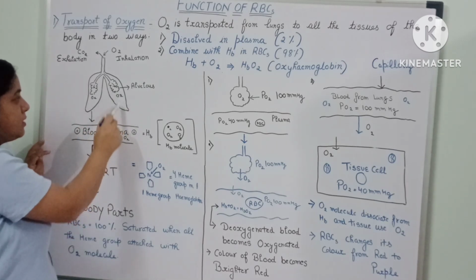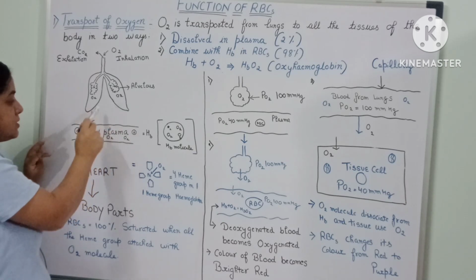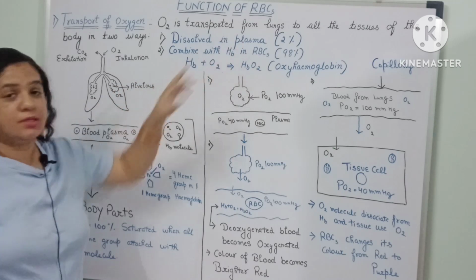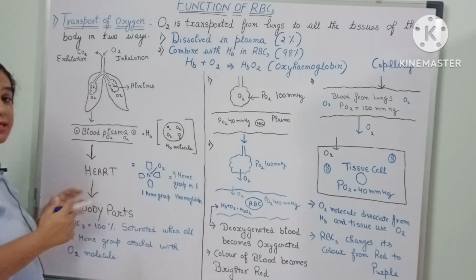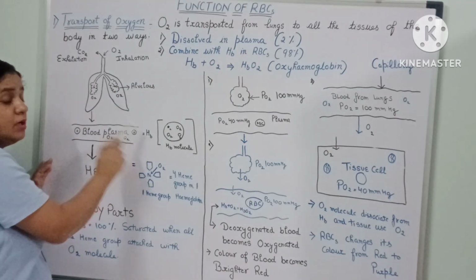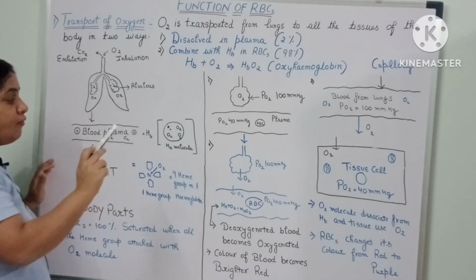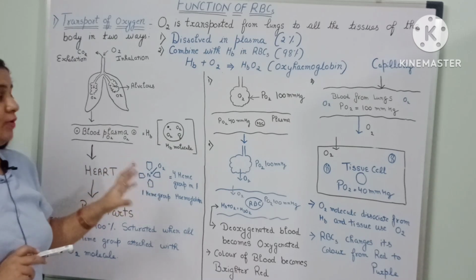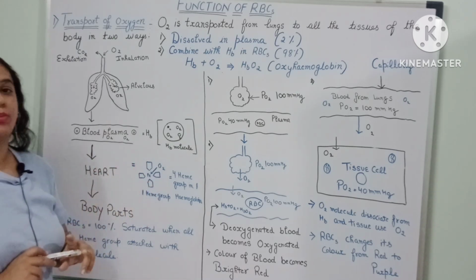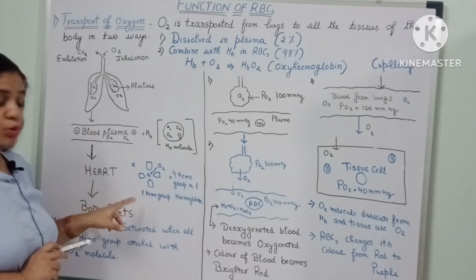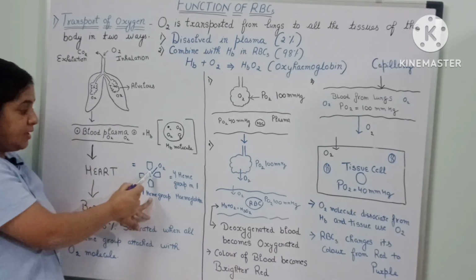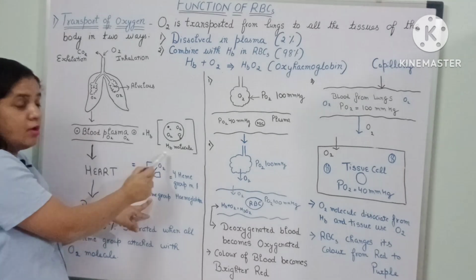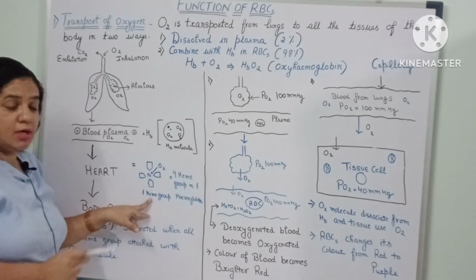When this oxygen goes inside the alveolus, it goes into the blood, where 2% of oxygen is combined with plasma, and the rest 98% of oxygen is combined with the hemoglobin molecule, where in one hemoglobin molecule 4 oxygen molecules will attach, because in one hemoglobin molecule there are 4 heme groups. In each heme group, at the center iron is present, surrounded by pyrrole rings, and one oxygen molecule attaches with the iron.